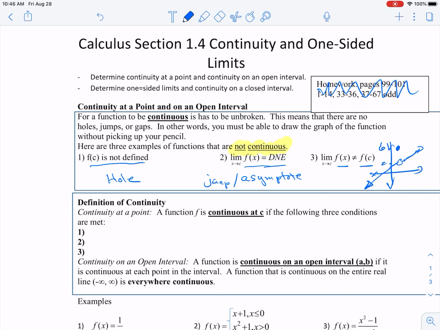All right, the definition of continuity. This is a big deal, all right? Big deal. Definition. Pay attention. Note it. A function is continuous at c if the following 3 conditions are met. I'm going to change the way these are written. The first one is that f of c is defined.